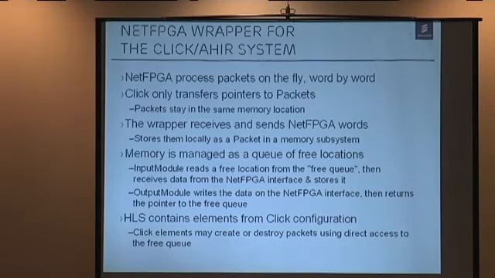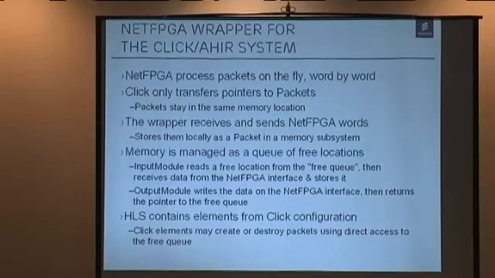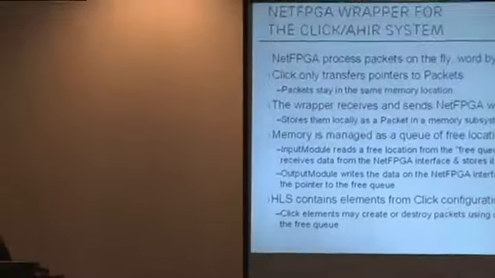This is different from what the NetFPGA reference designs do. And the click elements that are generated can create or destroy packets, as is allowed in the source code. And that's why it has direct access to the free queue.